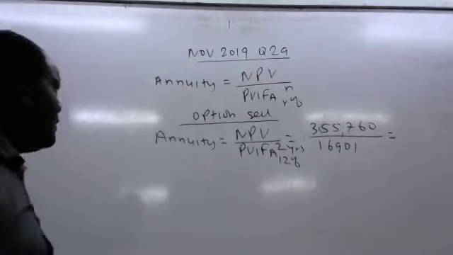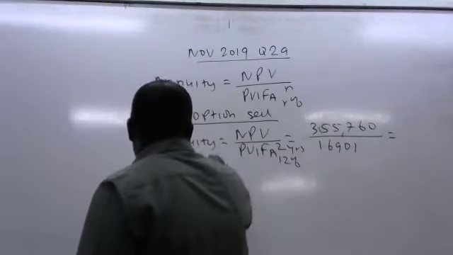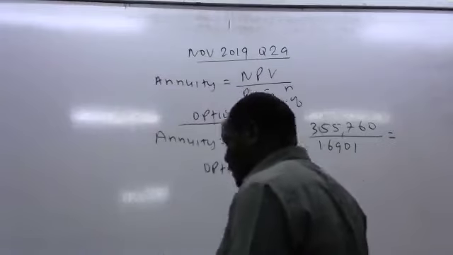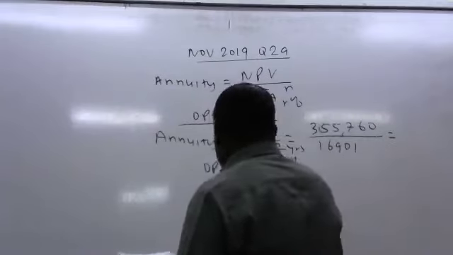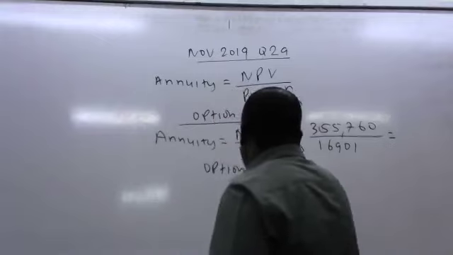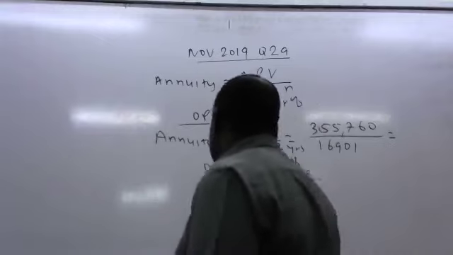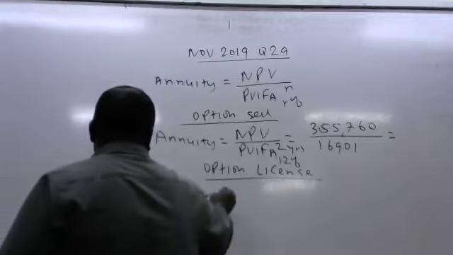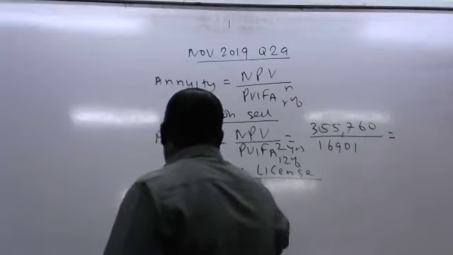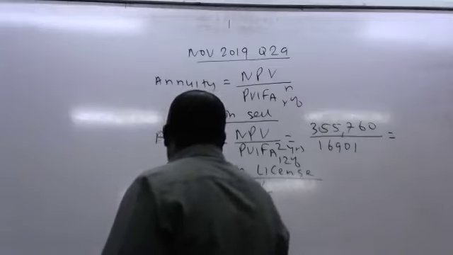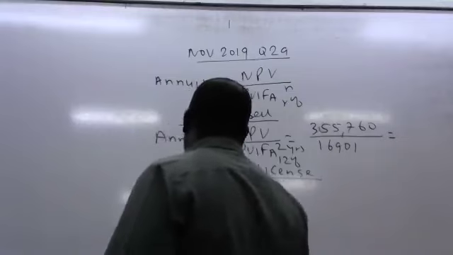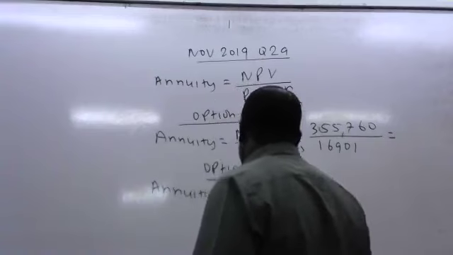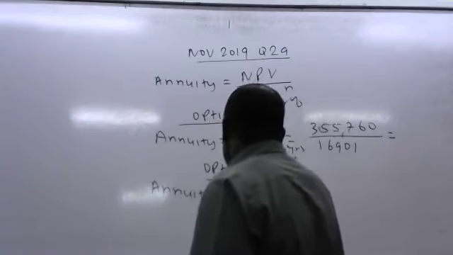Then also the annuity for option license. We shall also compute the annuity for the option license. Even that one, annuity is given by NPV divided by the present value interest factor for the annuity, 12% for 5 years.